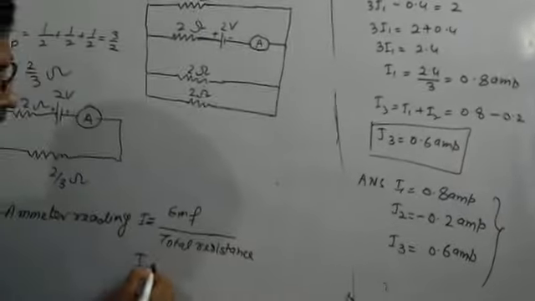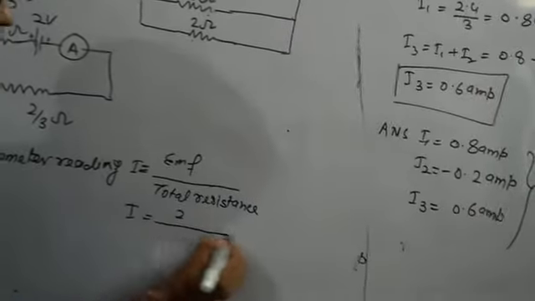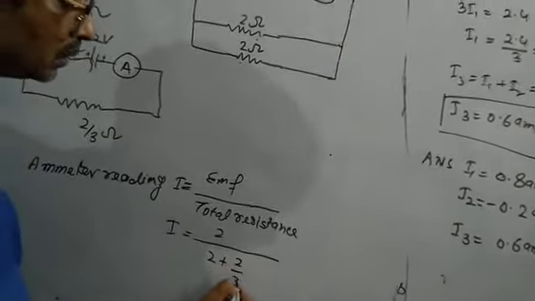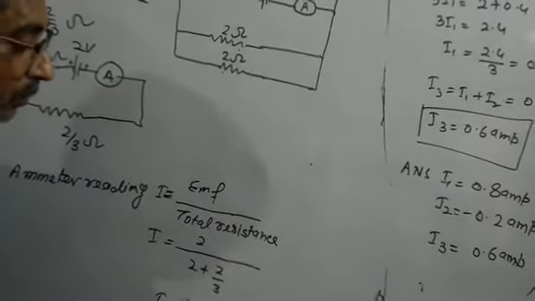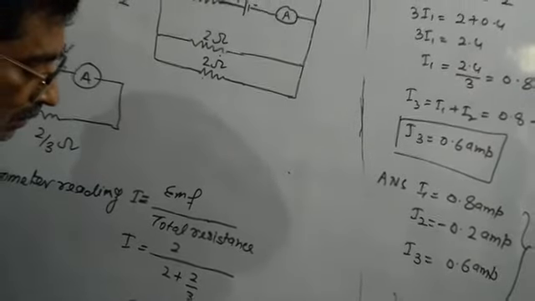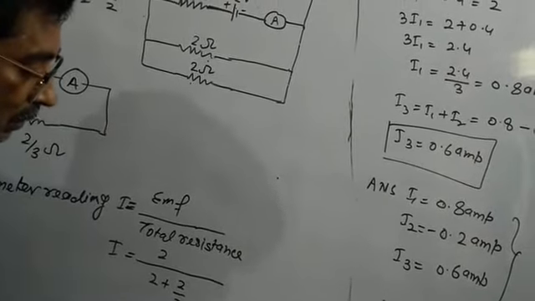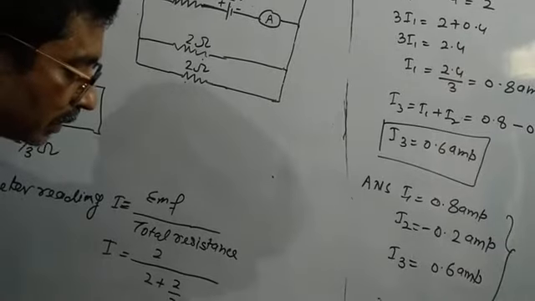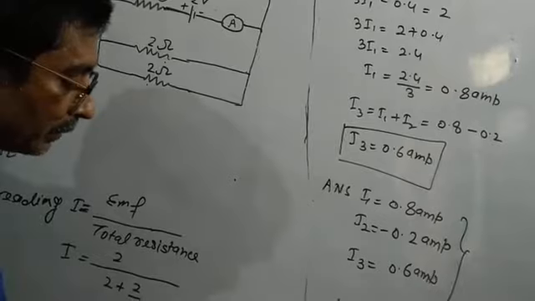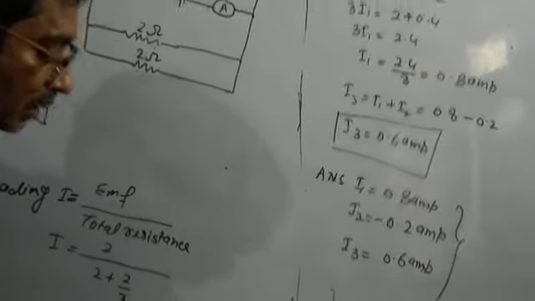EMF given here is 2 volt. So I equals 2 upon 2 plus 2 by 3, or 2 upon 8 by 3, which is 6 by 8, so I equals 0.75 ampere. This is the reading of ammeter A.